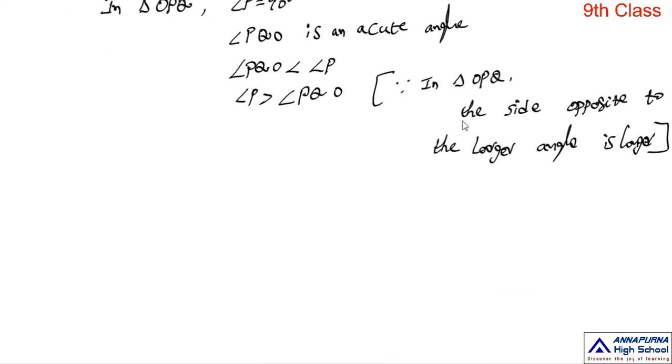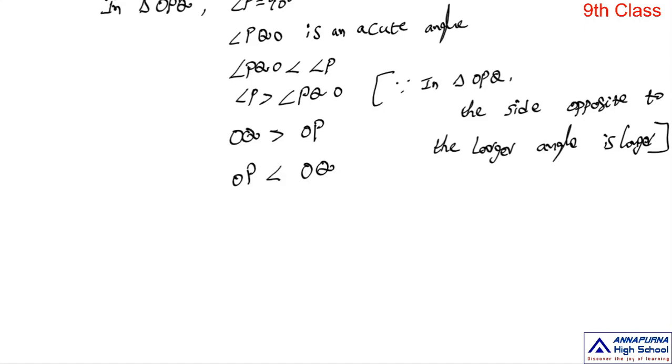So if angle P is greater than angle PQO, then OQ is greater than OP. OQ is the largest side and OP is the smallest side. So OP is less than OQ.